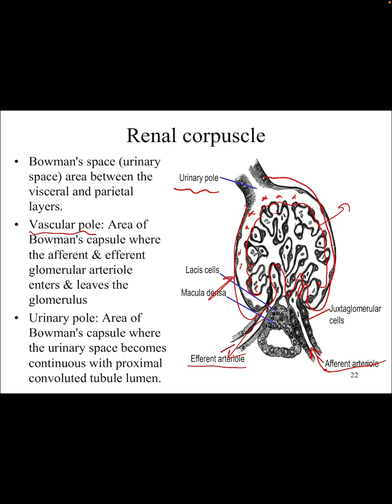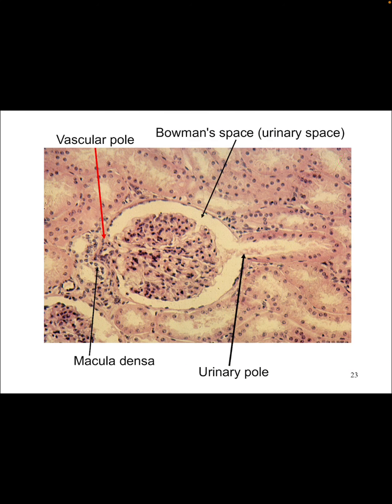The space found between the visceral layer and the parietal layer is called the Bowman's space or the urinary space, whereas the area just opposite to the vascular pool, which would be at this area here, we call the urinary pool. And from this area, this will lead to the proximal convoluted tubules.